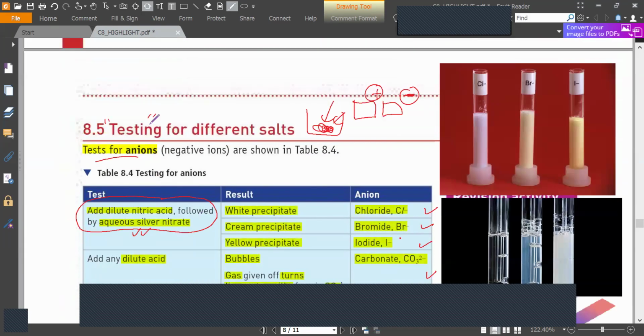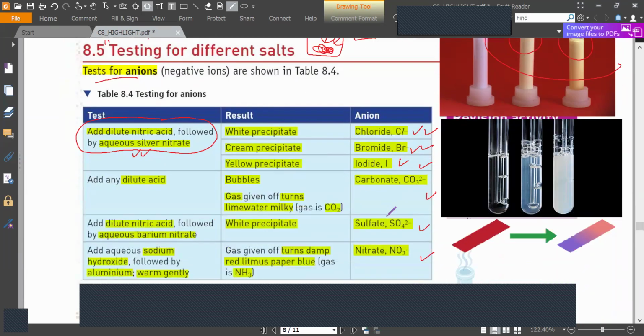For chloride we get a white precipitate, bromide a cream precipitate, and iodide a yellow precipitate. So if we get this observation, then we will know whether it's chloride, bromide, or iodide.